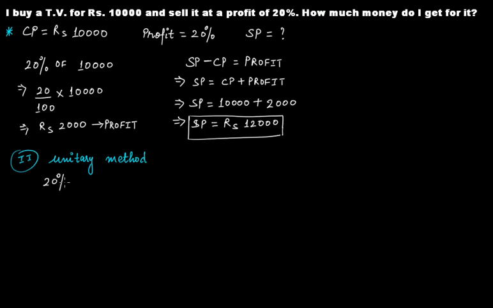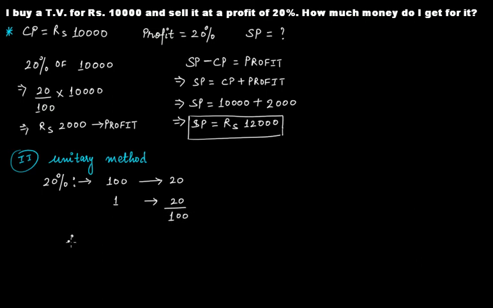It means that when your cost price is 100, you make a profit of 20 rupees. The profit of 20% means that when the cost price is 100, you make a profit of 20. Therefore, for 1, you get 20 over 100.